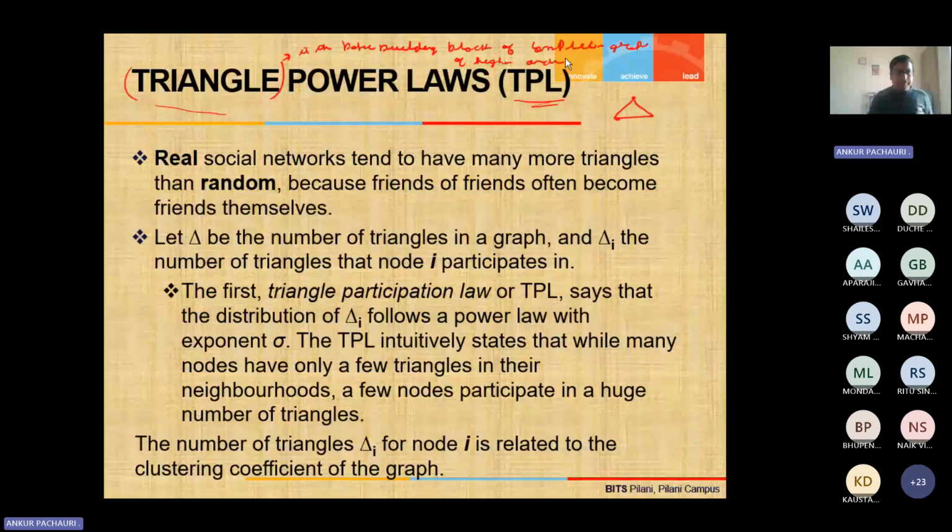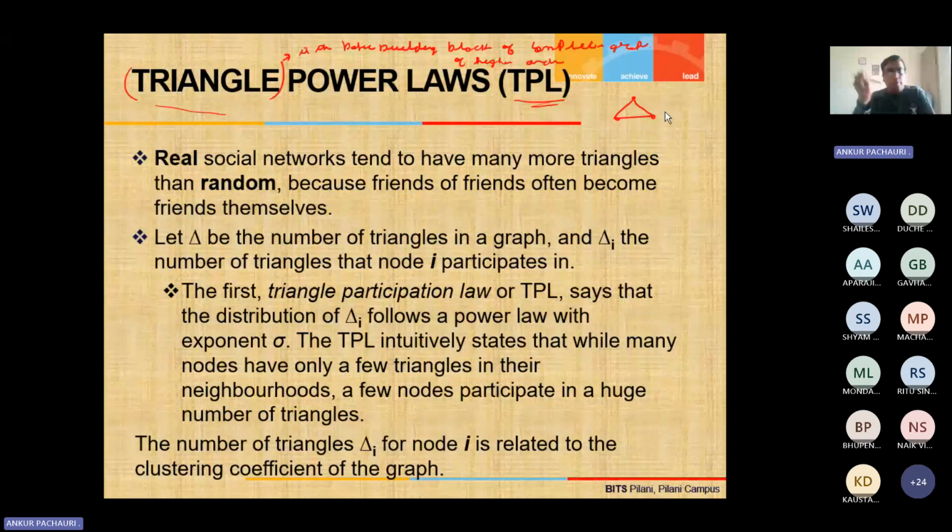In terms of connectivity and density, triangles play an important role. If there are more triangles, the bonding or the connectivity may be more dense. That's why triangles are important to the graph. The second reason is that the triangle is the smallest complete graph in a loop.